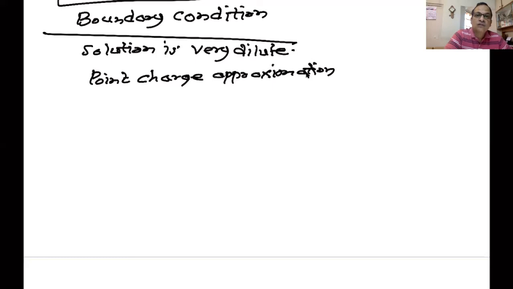So in a normal situation the electric field around the ion is due to two factors: the ion itself and the cloud of ions around it.